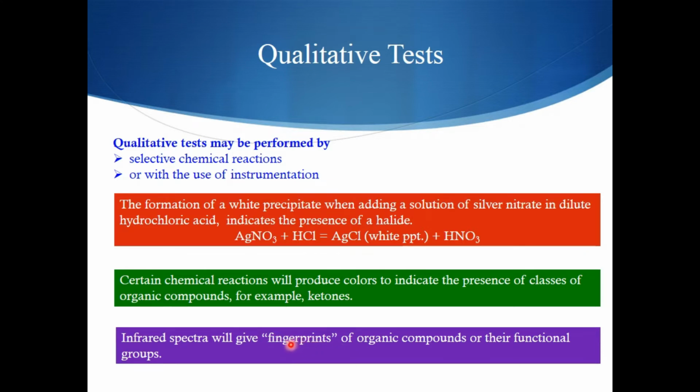So these two examples are qualitative tests: one performed by selective chemical reactions, and in the other, with the help of a spectrophotometer, that is with the use of instrumentation, we have performed the qualitative test.